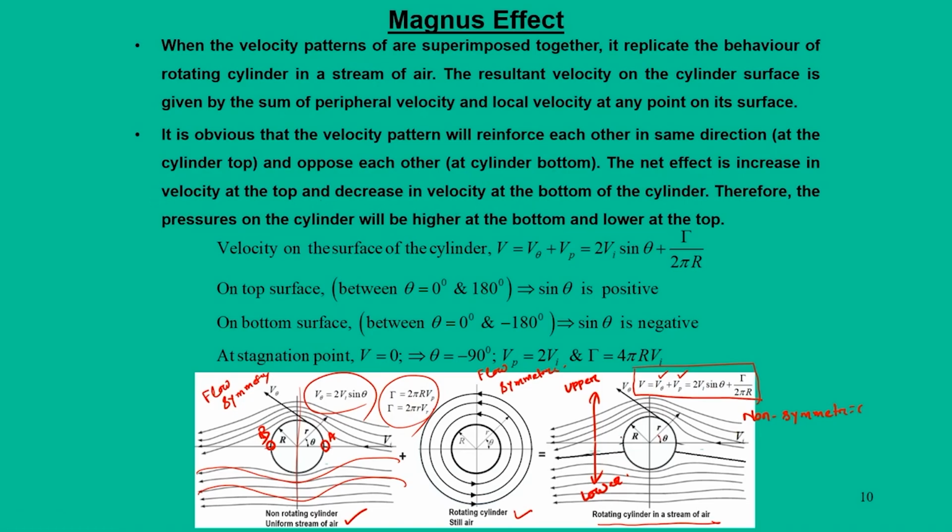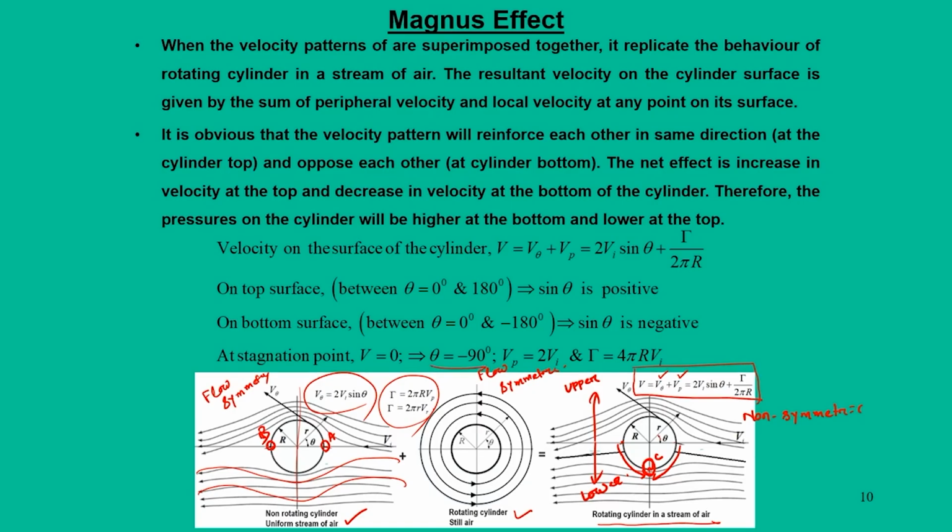So, the net effect is to increase the velocity at the top and decrease the velocity at the bottom. Initially there were two stagnation points, at this point and this point, for the symmetric case. They will try to move towards each other. That means points A and B will move towards each other, and we will have a stagnation point at maybe point C, which is at theta equal to minus 90 degrees.